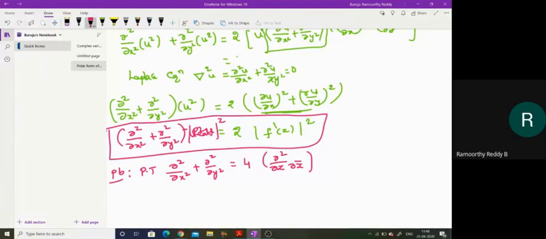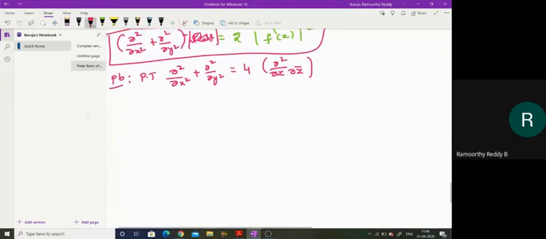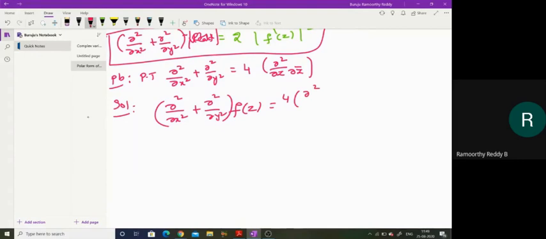Here is actually the problem, how it looks: ∂²/∂x² + ∂²/∂y² of f, where f means f(z), is equal to 4 ∂²/∂z∂z̄ of f(z).